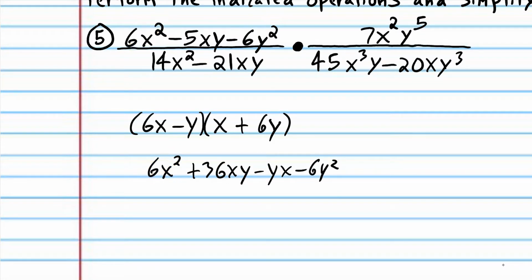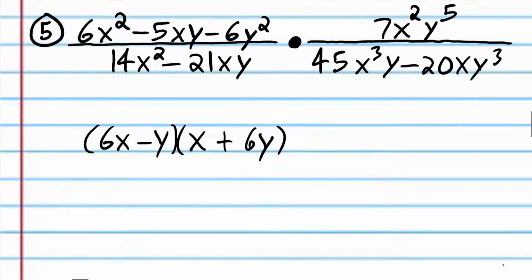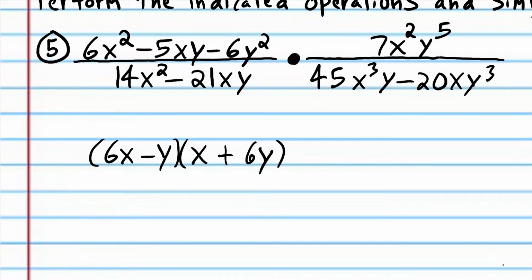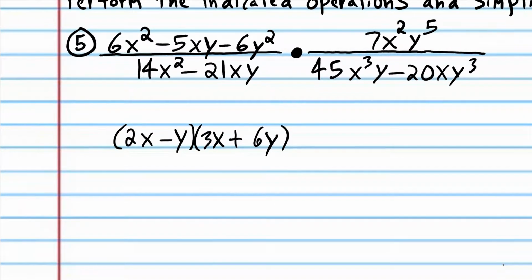We need to try something different. So there's a lot of different things we can do, but I'm just going to try changing this to a 2 and this to a 3. Because isn't it true that 2 times 3 is 6? So let's try that.